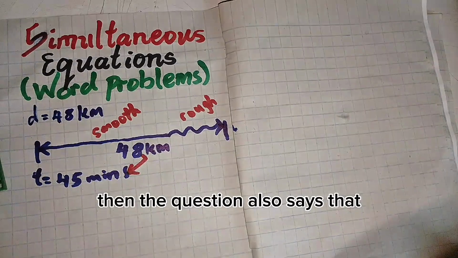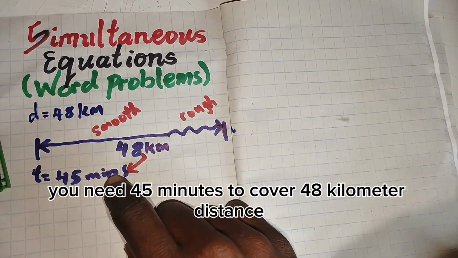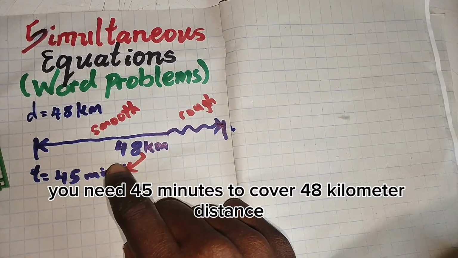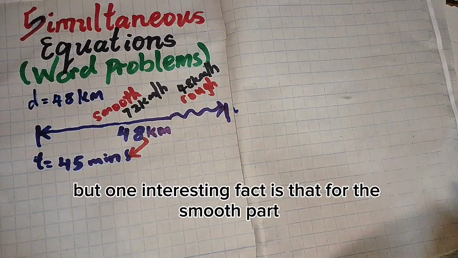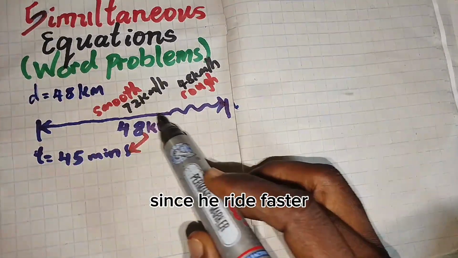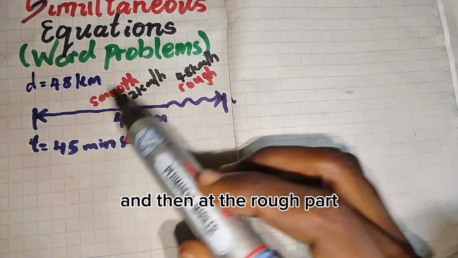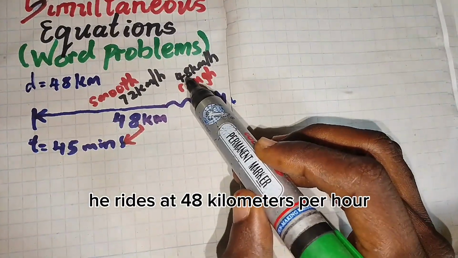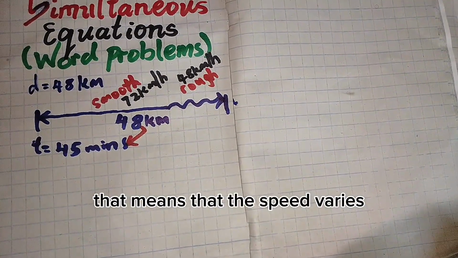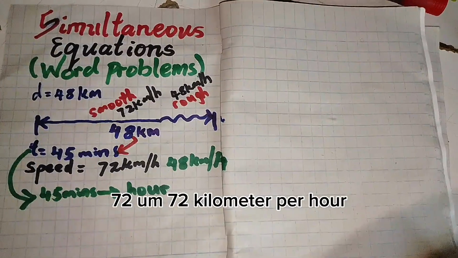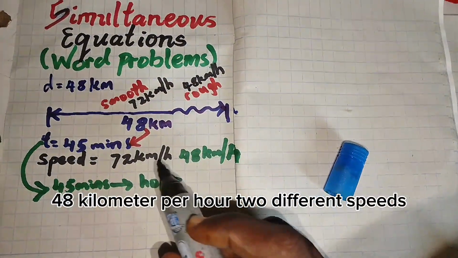Then the question also says that to cover this 48 kilometer distance, he used 45 minutes. But one interesting fact is that for the smooth part, since he rides faster, he rides at 72 kilometers per hour, and at the rough part, he rides at 48 kilometers per hour. That means that the speed varies. Two different speeds.